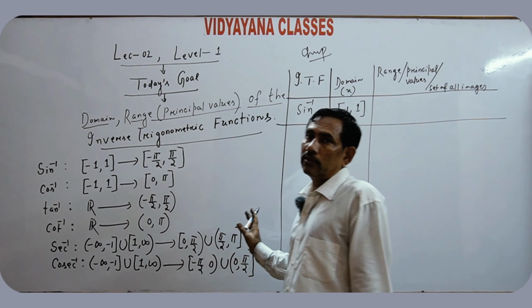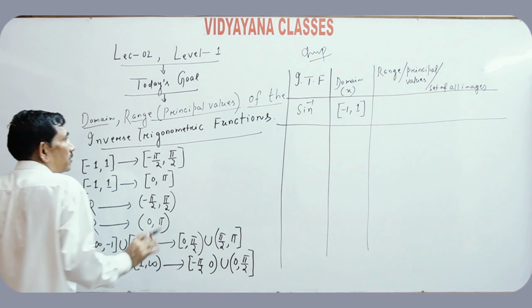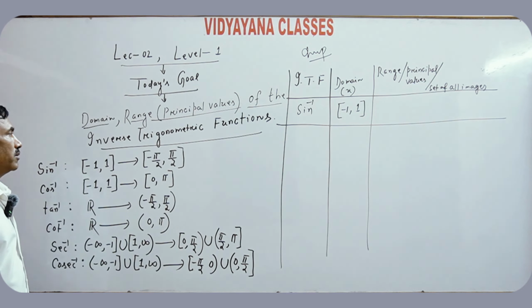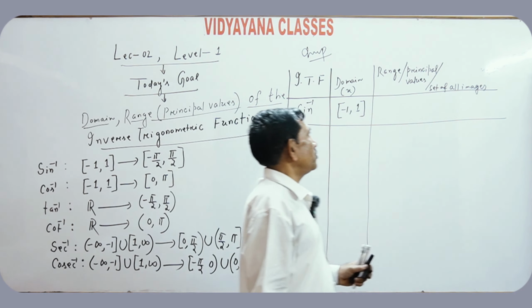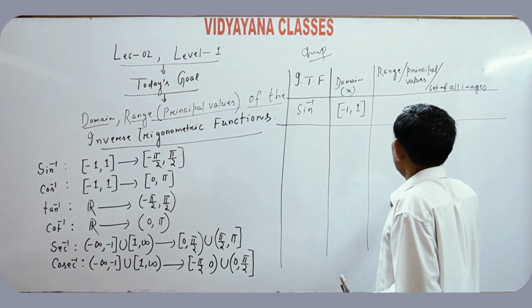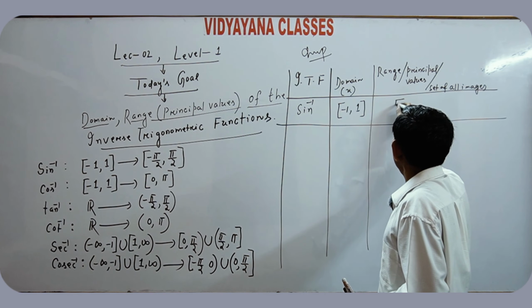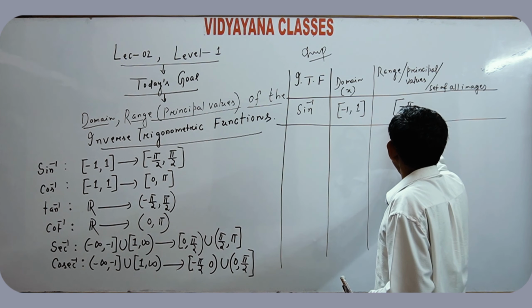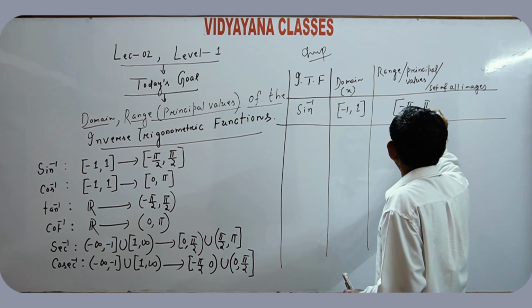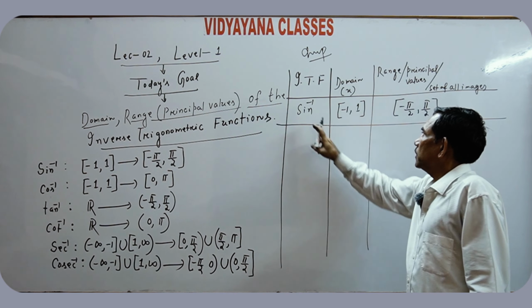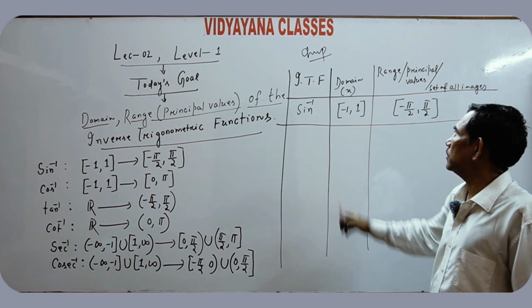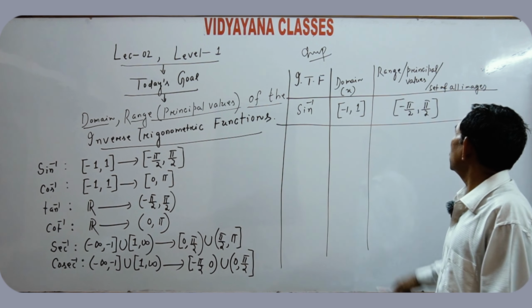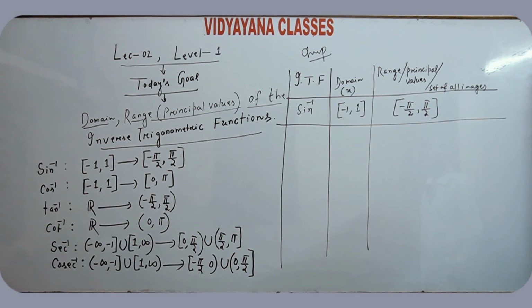These are the basics of the inverse trigonometric functions. Domain and range are the most important things to solve the problems. What is the range? Close bracket minus pi by 2 to pi by 2 close bracket. Sin inverse x operates, sin inverse x gives this. It is the domain set, it is the range set or principal values. Set of all images is called range.